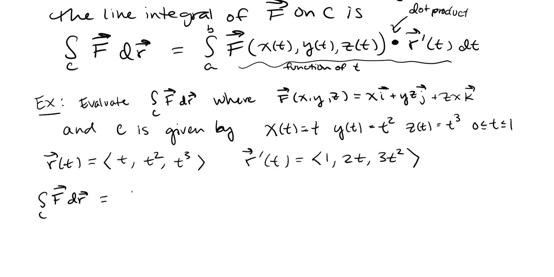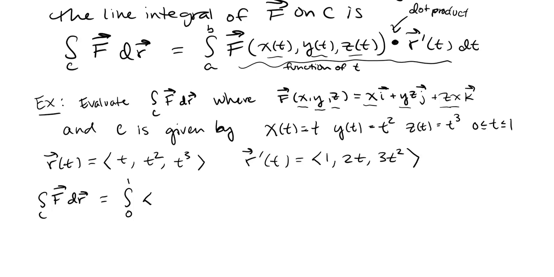So then when I do this integral over C of F dot dr, we're going to integrate over the range of t, which is 0 to 1, and then we take F. Remember, we're going to plug in to these components here the x of t, the y of t, and the z of t in for x, y, and z.